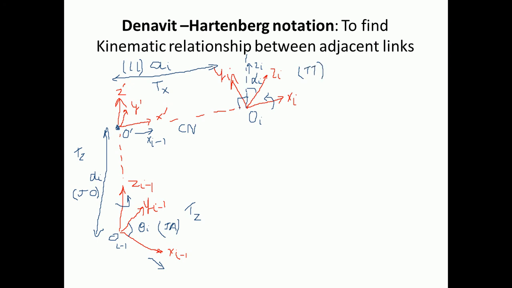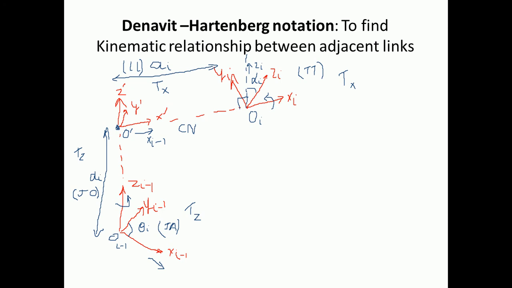The homogeneous transformation matrix is written in such a manner that we perform rotation about x. After this, I am going to write the whole equation.